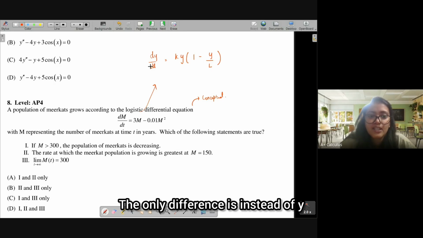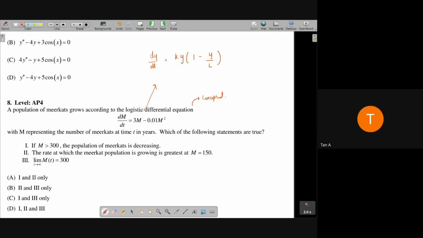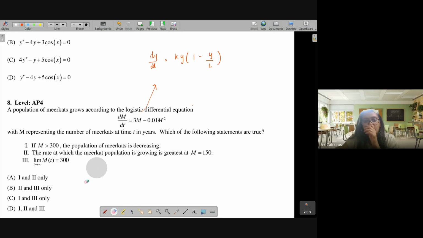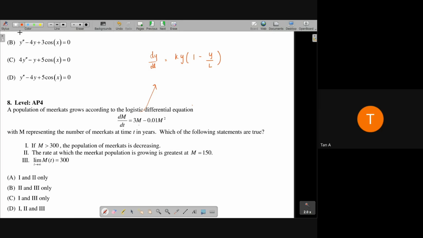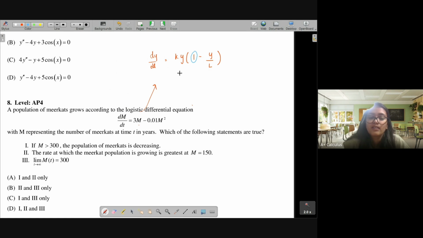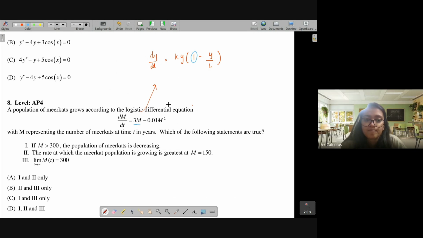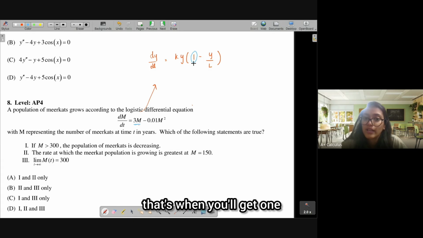The only difference is instead of y, the dependent variable is m. So dm over dt equals 3. Factorize m. Okay, 3m times 1 minus 0.01, because you need a 1 inside the parentheses. So factor out 3m, that's when you'll get 1.